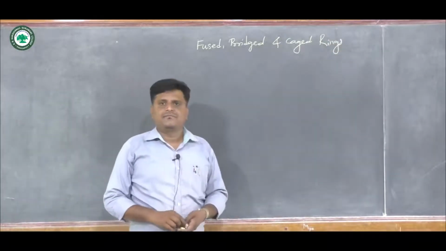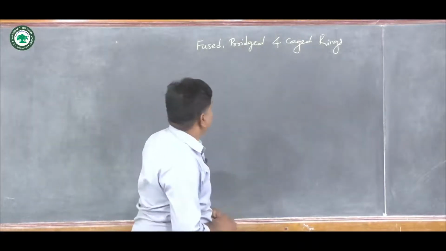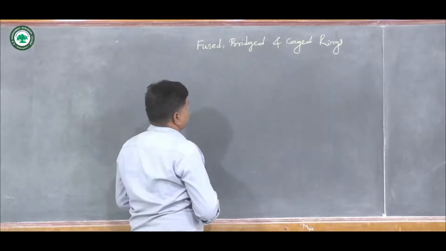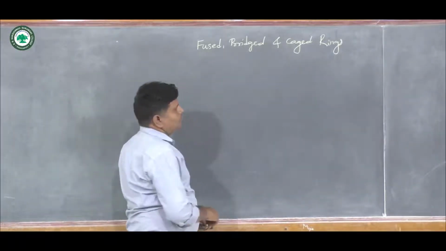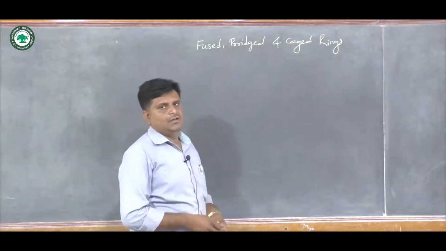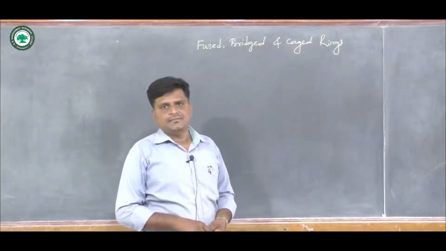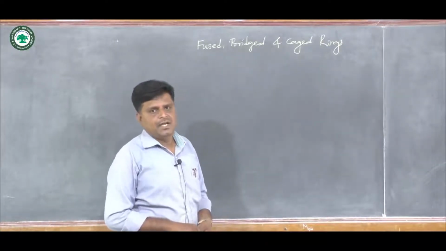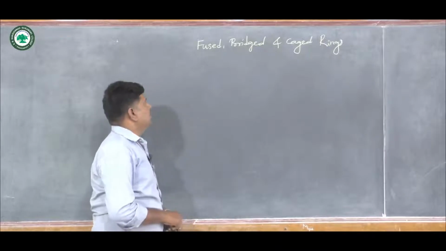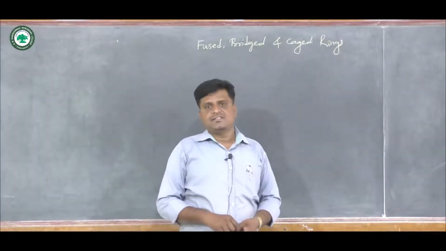These are some different types of rings. We have already seen 6-membered rings, then other than 6 members, and now these are the fused, bridge and cage ring systems.